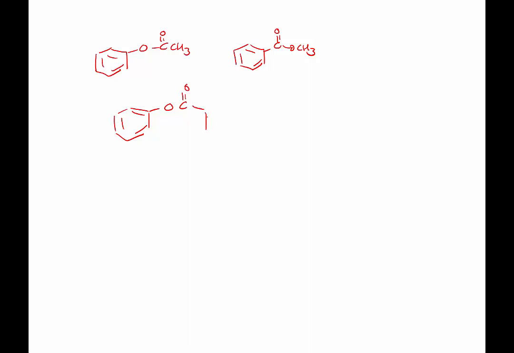What if I attached a ring to both sides and then added Br2 and FeBr3 to that? Which ring do you think the Br2 is going to add to, A or B?